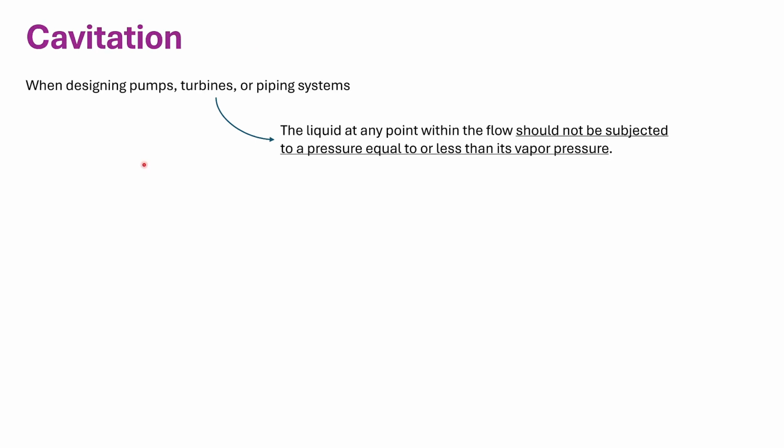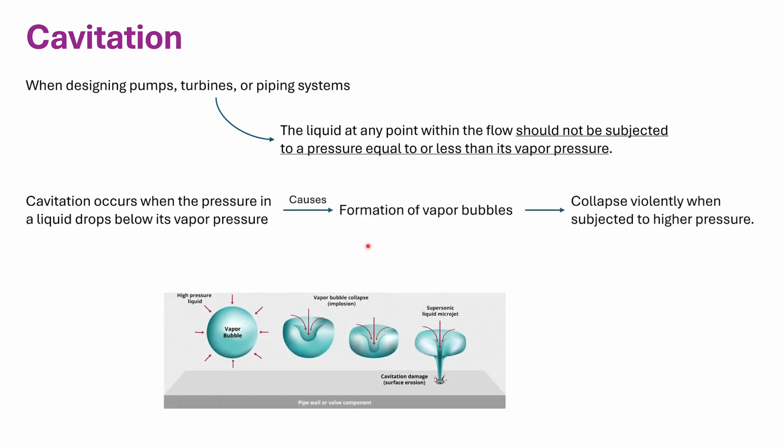Next, let's talk about a very important phenomenon called cavitation. When designing pumps, turbines, or piping systems, the liquid at any point within the flow should not be subjected to a pressure equal to or less than its vapor pressure. Cavitation occurs when the pressure in a liquid drops below its vapor pressure, and it causes formation of vapor bubbles.